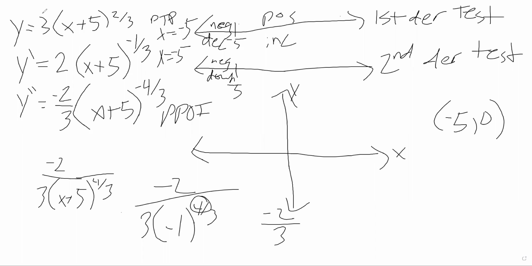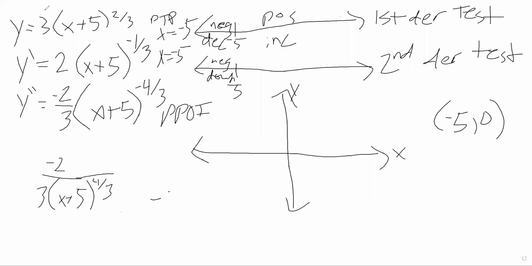So I like to plug in 0. It's just simple, makes our math easy because 0 just cancels out right away. So we end up with -2 over 3 times 5 raised to the 4/3. Obviously, we're going to be left with a positive on the bottom again, so we get left with a negative over positive. So we get negative again, down.